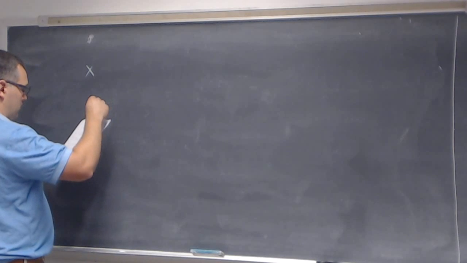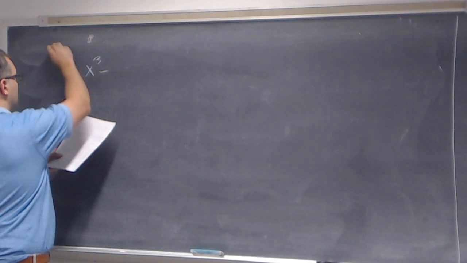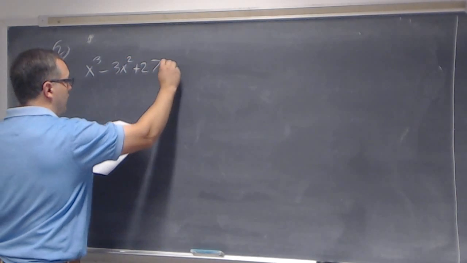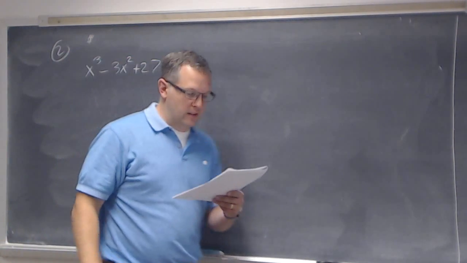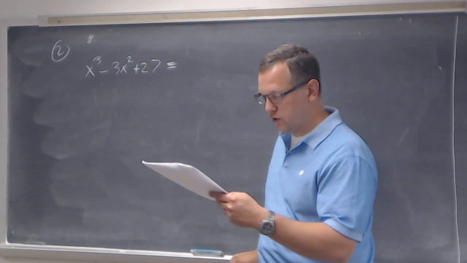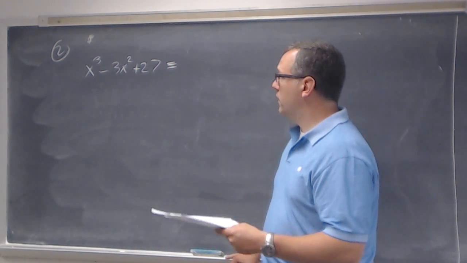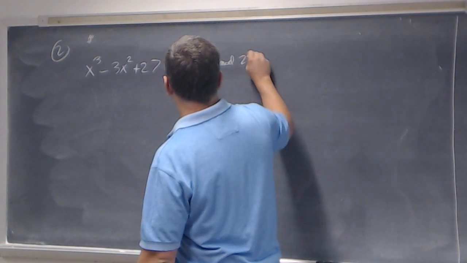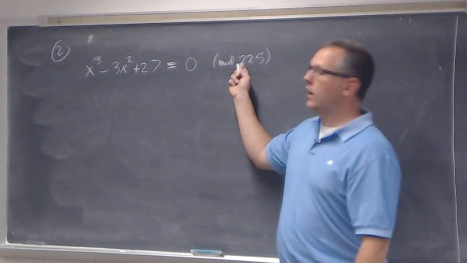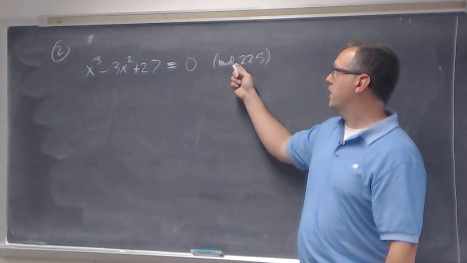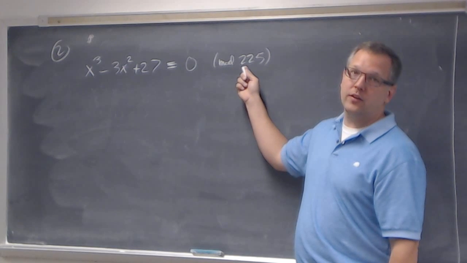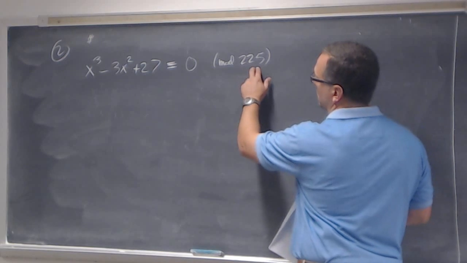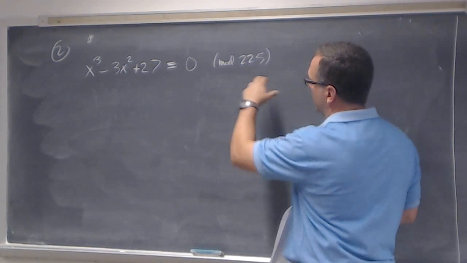If you have x cubed minus 3x squared plus 27, and we're trying to set this equal to 0 mod 225, the theorem was that since 225 is composite, this will have solutions exactly when the congruences with modulus equal to the prime factors are also solvable. 5 is a factor.